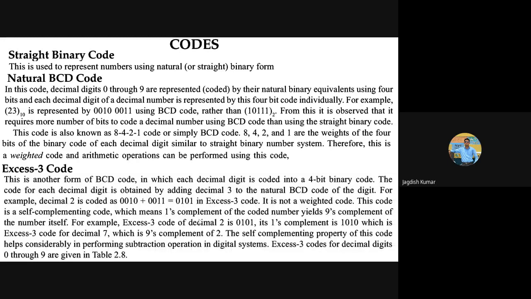Now, the next code is XS3 code. Let us look at XS3 code. What is this code? As the name indicates, this is actually nothing but BCD code only, but decimal 3 is added to the natural BCD code of the digit. Let's first try to understand an example. Suppose we take decimal 2.